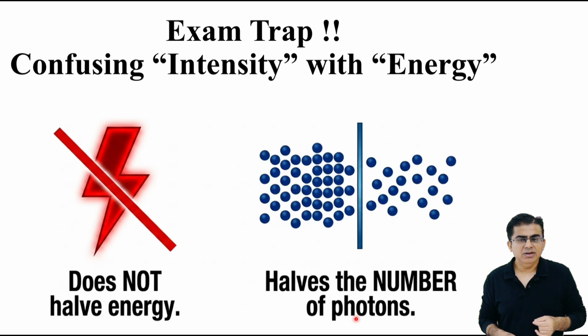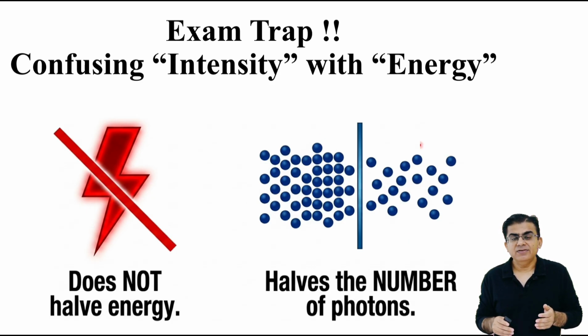When our treatment beam passes through exactly one half value layer, it simply halves the exact number of photons passing through. You can visibly see that the number of photons is reduced to exactly 50%.